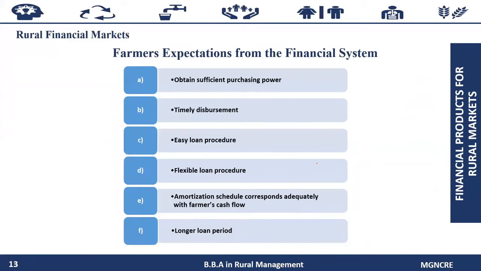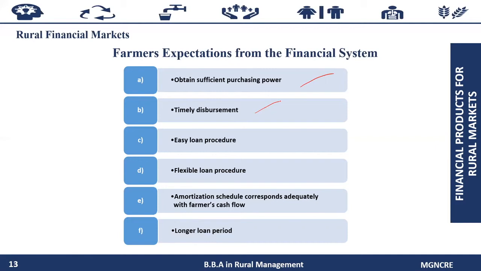Next, let's talk about the farmers' expectations from the financial systems. Firstly, to obtain sufficient purchasing power. They want loans that help in increasing the purchasing power of the farmers, and then timely disbursement. The loan should be disbursed to the farmers within sufficient time.